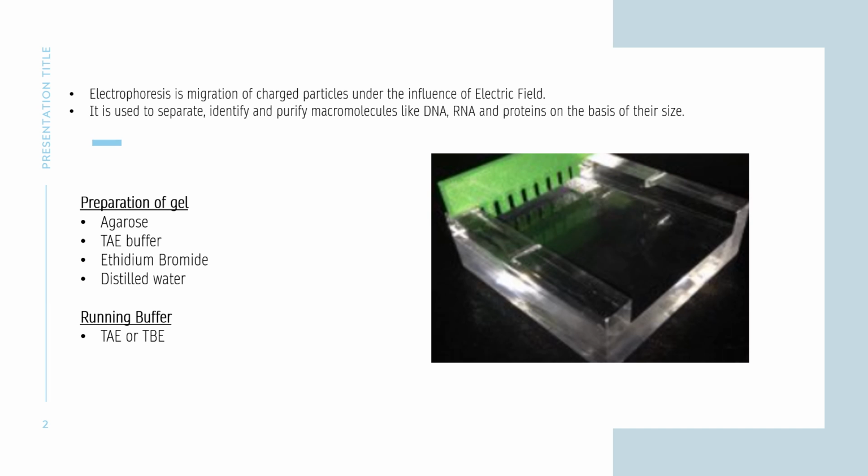So how do we prepare the gel? सबसे पहले हम agarose लेंगे. Agarose जो है easily available in the form of powder in the labs. So we take the agarose, TAE buffer and maintain the volume using distilled water. कितना distilled water add करेंगे? It depends on the number of wells we are preparing the gel for. Like for 8 wells, we usually go for 25 microliter.